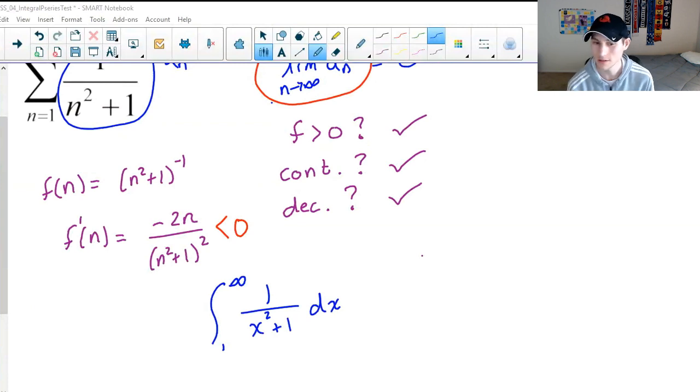It's not natural log because if we try to do u equals x squared plus 1, we would need the 2x, or at least the x in the numerator.